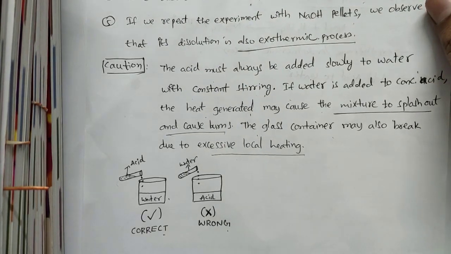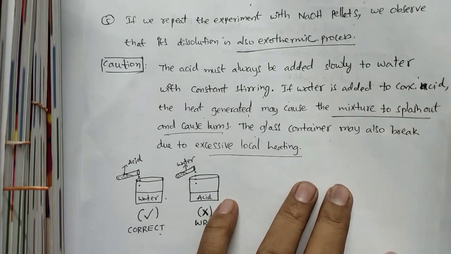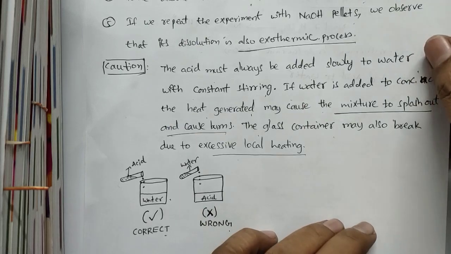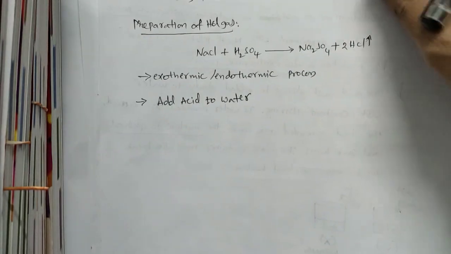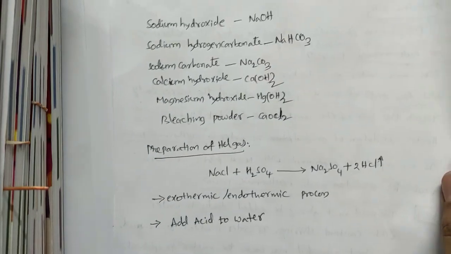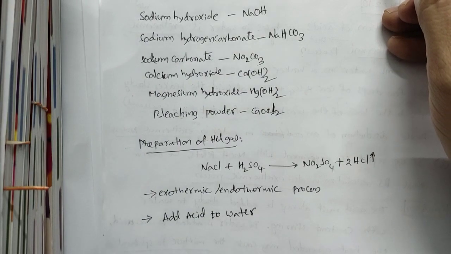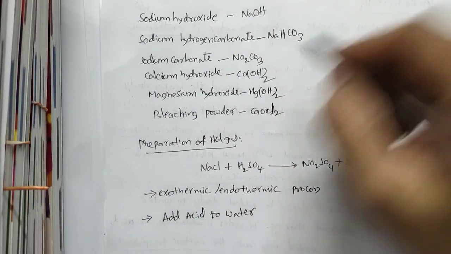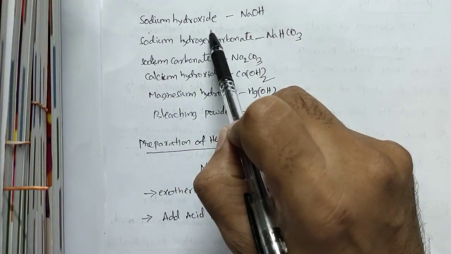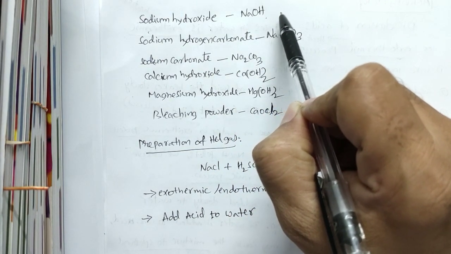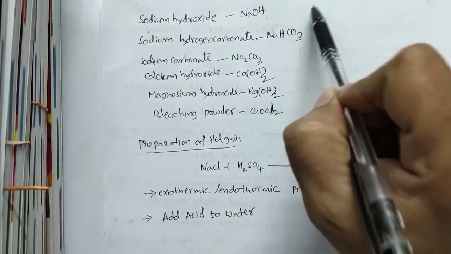So today we learned. I am going to stop at this stage, and I am going to summarize the topics quickly. In today's class, we have gone through the important uses of some important bases. One is sodium hydroxide. Its formula is NaOH. It is used in the soap and paper rayon industry.